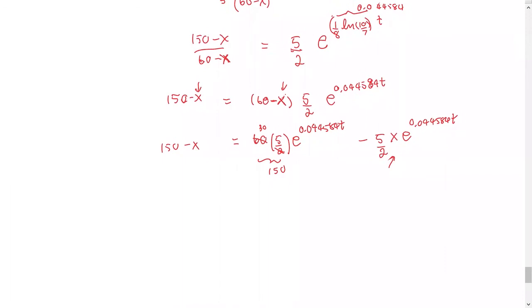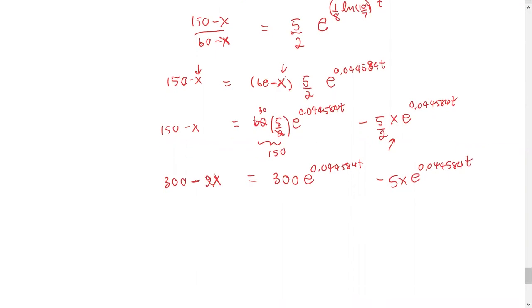And one more thing about the fraction. If we want to avoid the fraction, multiply all by 2 to make the problem cleaner to deal with. So 2x equals, this one becomes 300 e to the 0.044584 t minus 5x e to the same power.